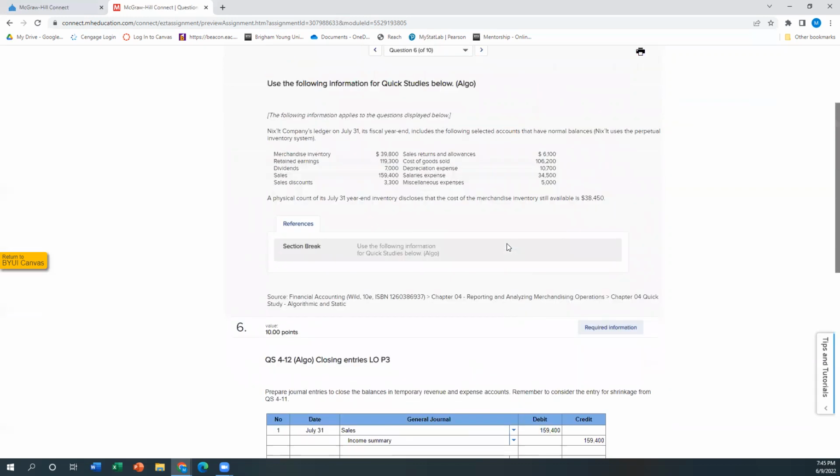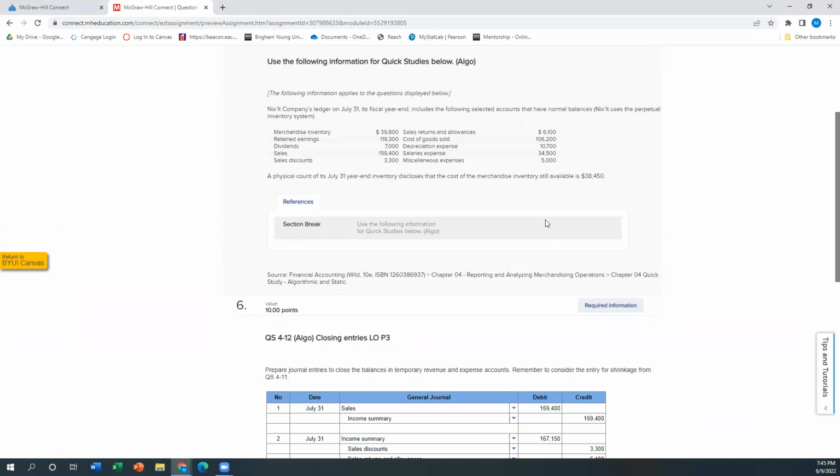So we have all of these different accounts: merchandise inventory, retained earnings, sales, sales discounts, and so forth, okay? So the accounts we need to close are our sales revenue, which is just called sales. So that one will close, right? Revenue accounts have a normal balance of a credit.